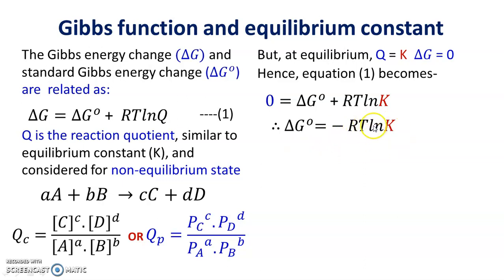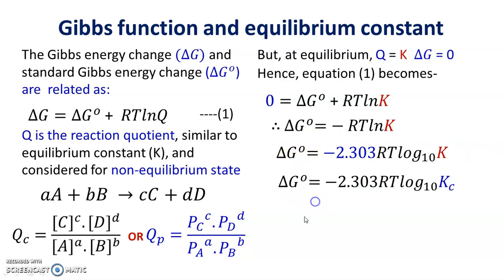But we know that log to the base e is equal to 2.303 log to the base 10, and therefore delta G0 is equal to minus 2.303 RT log to the base 10 K. Now K can be expressed as Kc or Kp. When reactants and product concentrations are considered, then we express equilibrium constant as Kc, and when reactants and products are in gaseous state, then we consider Kp.